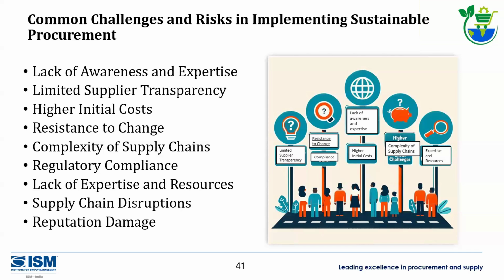Risk associated. If you look at the last 2 points, supply chain disruption and reputation damage, this is one of the most dangerous risk, I would say. In case of disruption, it can include natural disaster, geopolitical conflict, transportation delays, supplier bankruptcies, which in turn disrupt our entire operations.